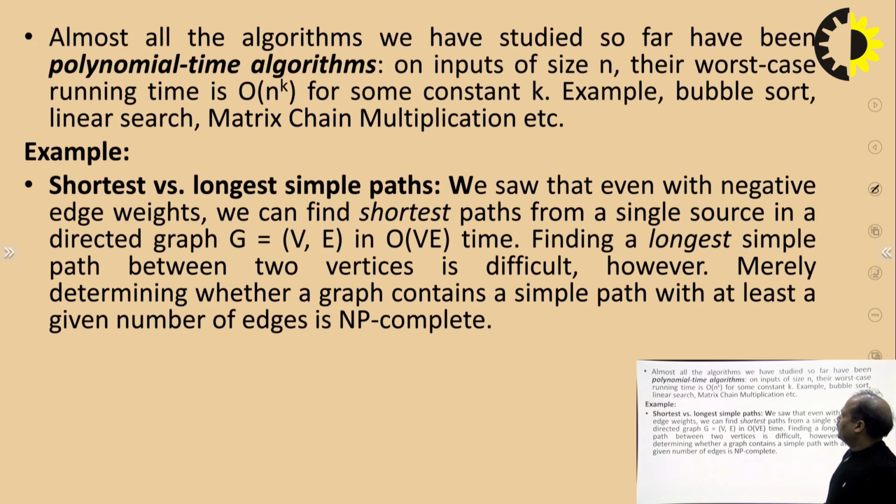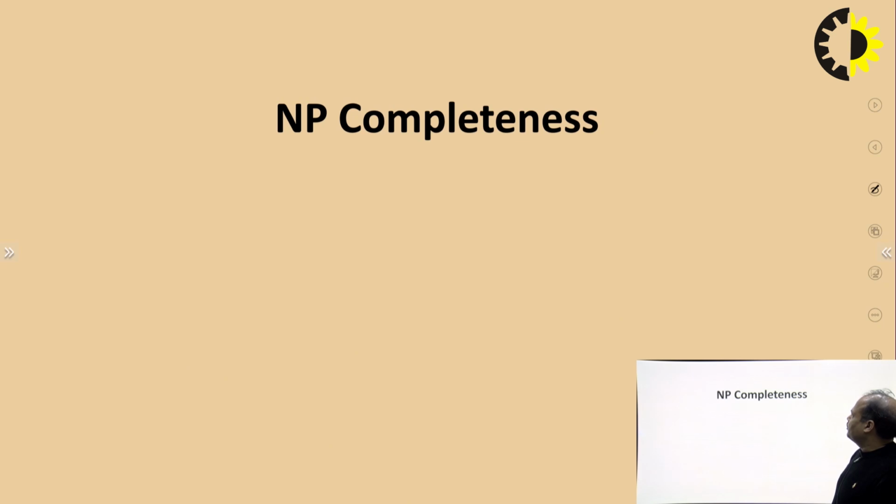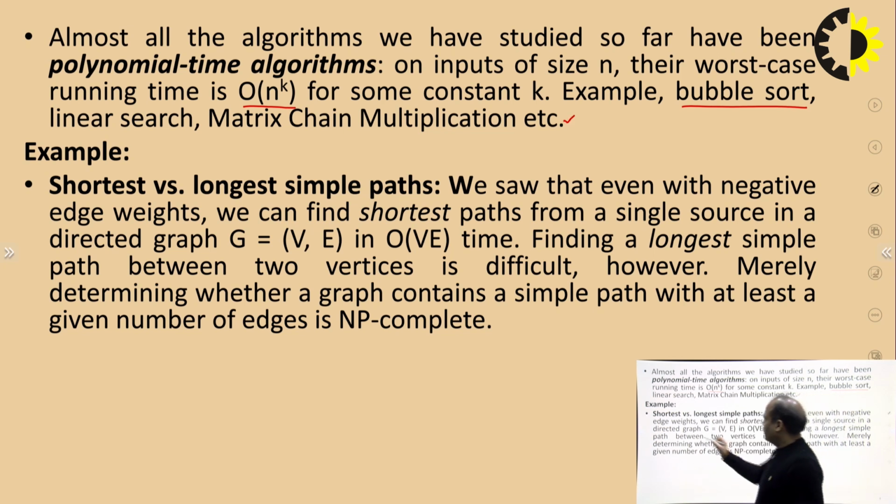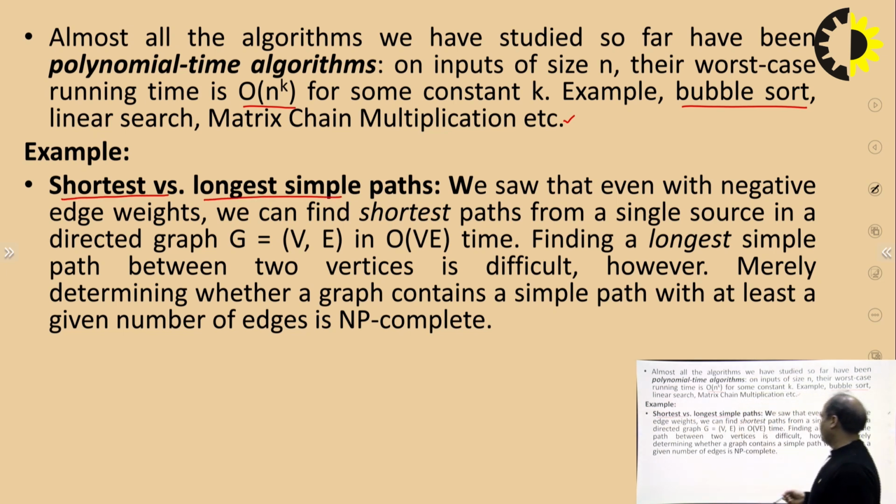So let's understand NP completeness. Almost all the algorithms we have studied so far have been polynomial time algorithms. What do we mean by polynomial time? Any problem which can be solved in order of n to the power k, where k is any integer. Examples are bubble sort, linear search, matrix chain multiplication, etc. For example, we have the shortest path problem, shortest versus longest simple path.